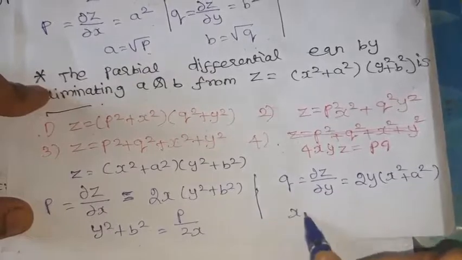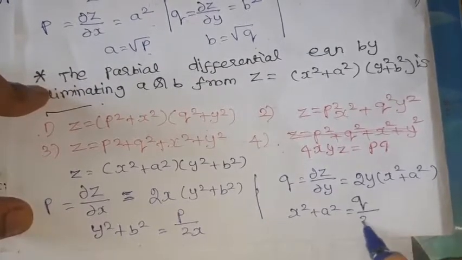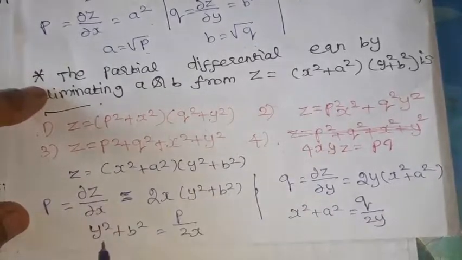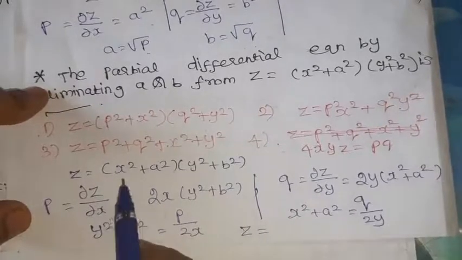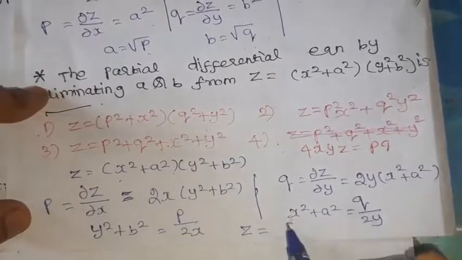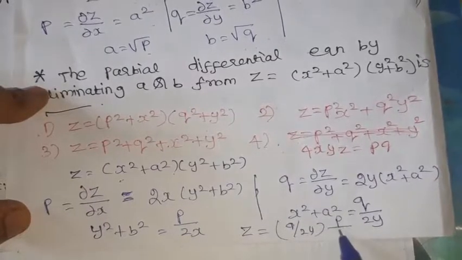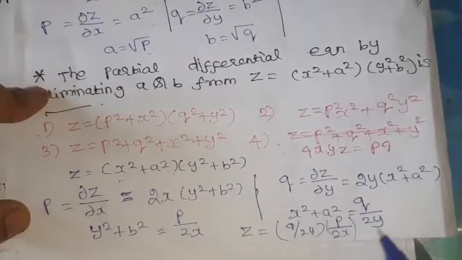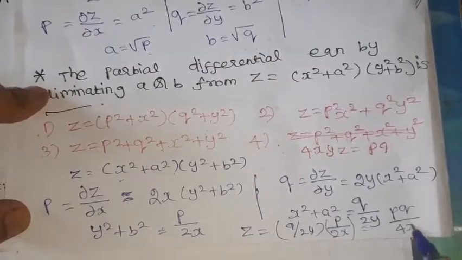Similarly, x square plus a square is q by 2y. So substitute these in the above equation. z equal to q by 2y into p by 2x. By simplifying, pq by 4xy equal to z.